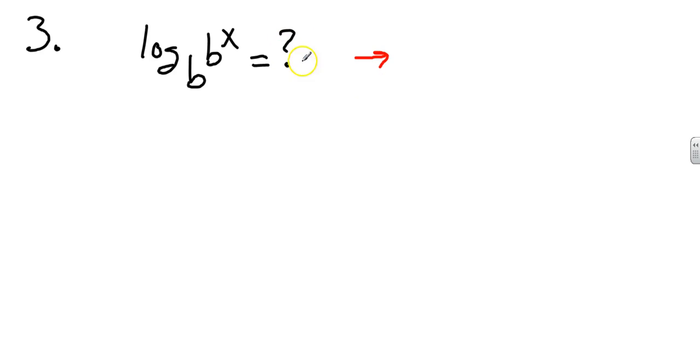Before we get to the actual answer, here's what we're looking at. We've got this base and this base the same, so this part of the base will stay the same, and then we're going to switch these two numbers. So b to what power equals b to the x? These two things would have to be the same, so that would have to be an x here.